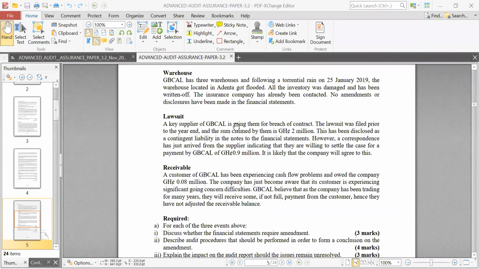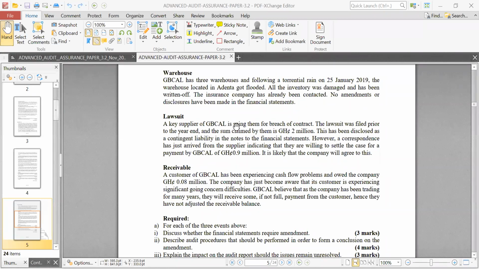Yes, sir. If I may come in here. Yes, I was also facing a similar challenge. If you look at the second line where it says the company has just become aware that this company is experiencing significant going concern difficulties, it's subjective as to whether they became aware prior to the year end or just after the financial year end.